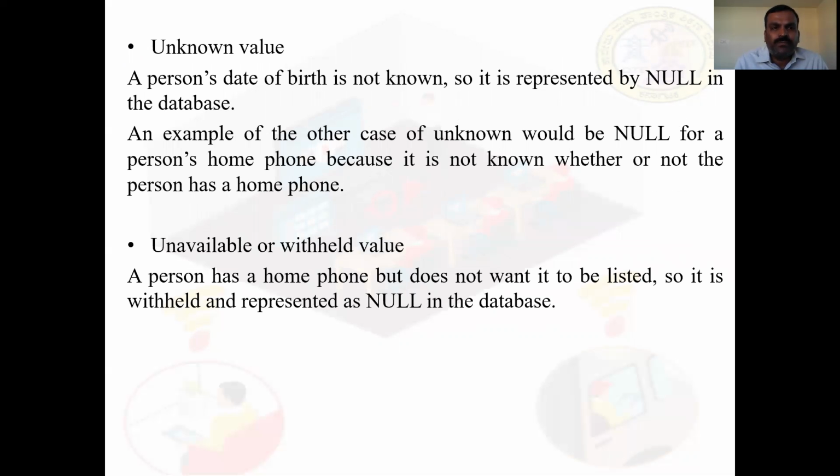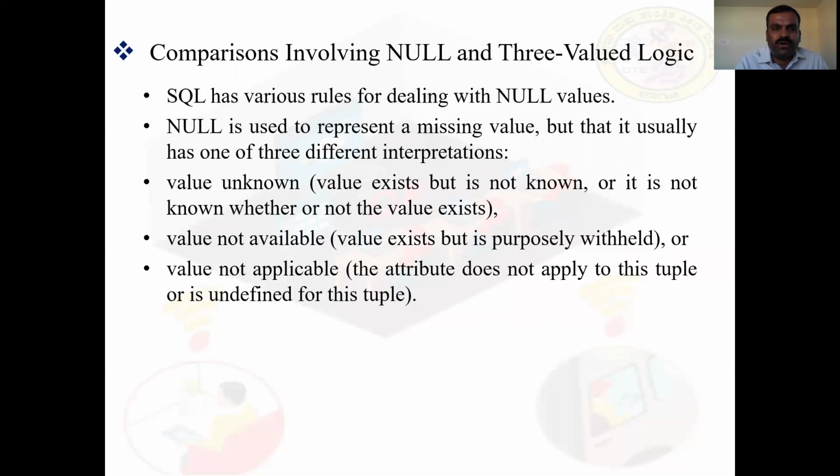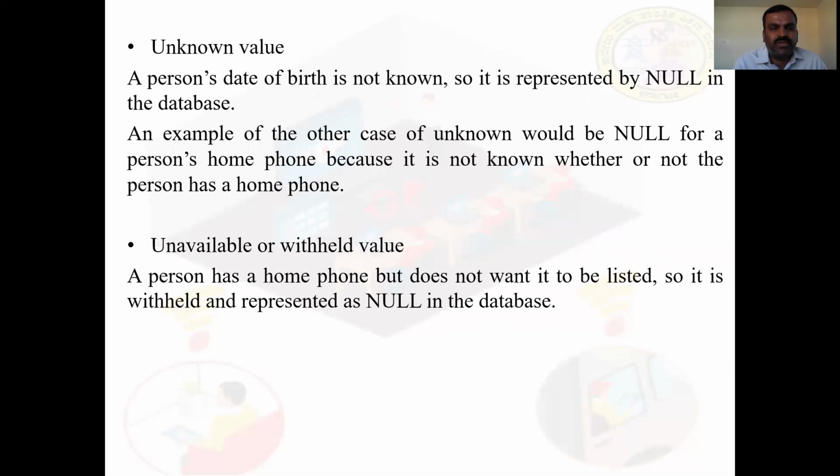An example of an unknown value: a person's date of birth is not known, so it is represented by null in the database.